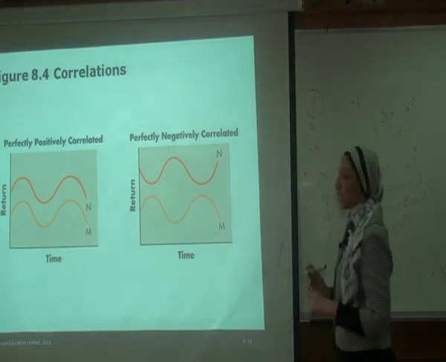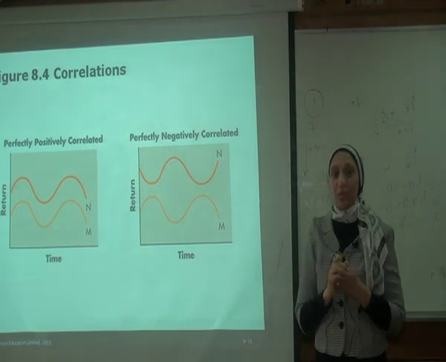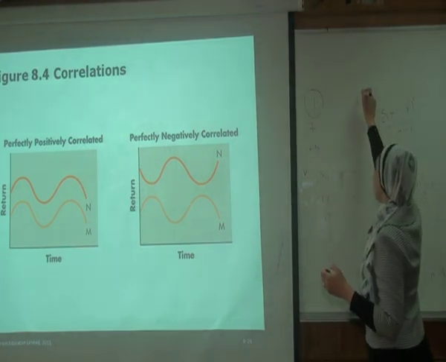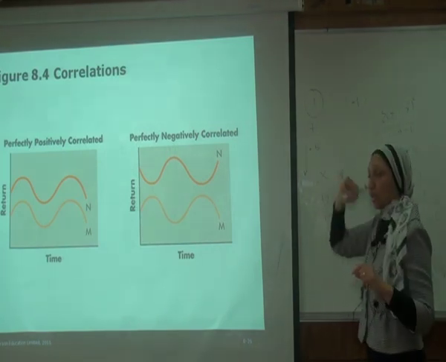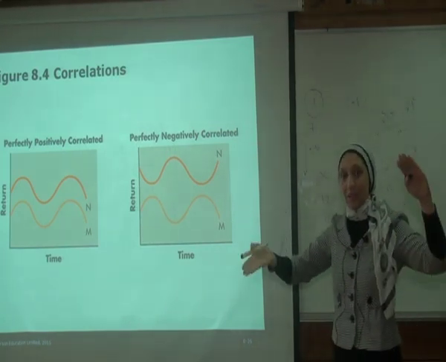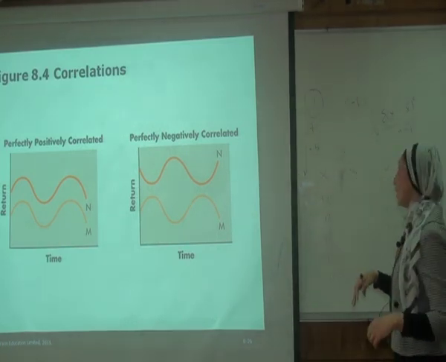Below 0.5, it's low positive correlation. They are moving together, but it's low positive correlation. -1 is perfect negative correlation, meaning that stock X and stock Y are moving opposite to each other. When one falls, the other will rise.